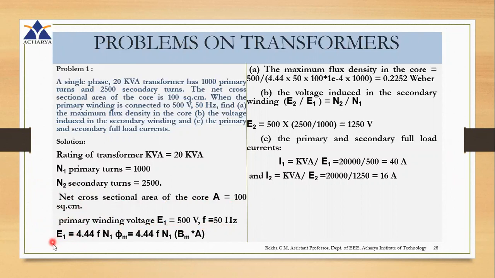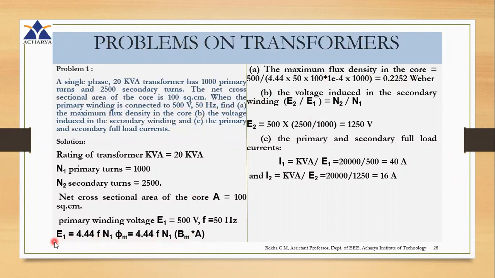Now we have the formula. The EMF induced in the primary is given by E1 is equal to 4.44 F N1 phi m. Phi m can be expressed as Bm into A. So to find the first parameter, that is the maximum flux density in the core, it is found using this expression.